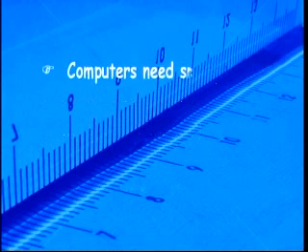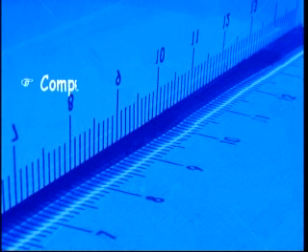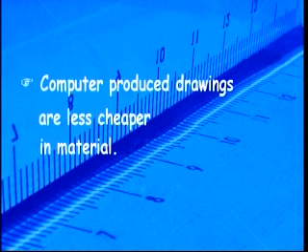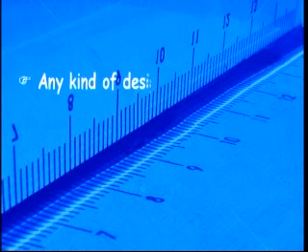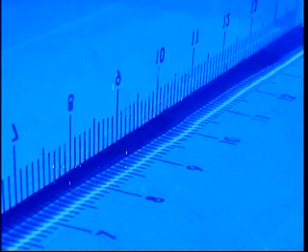While using a computer, we need less space than a drawing table and instruments. Computer-produced drawings are cheaper in material. Any kind of design with different size can be produced on its original scale.